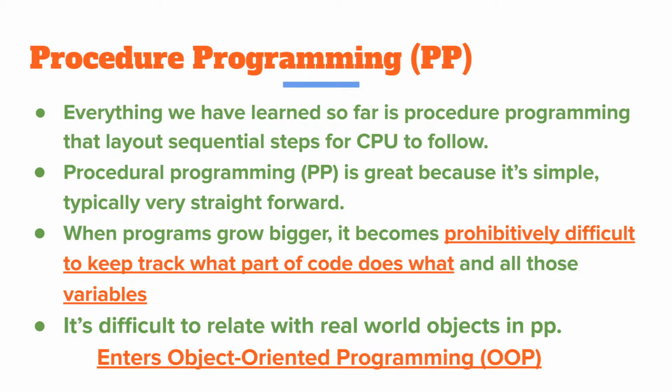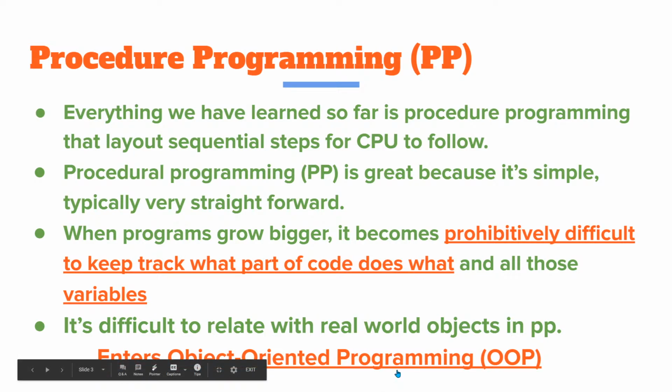Now, what happens if you have multiple functions that you need to write? Well, as you can see, there are many different scenarios in which procedural programming is not exactly the best or most efficient way to go, and that is where object-oriented programming comes in.